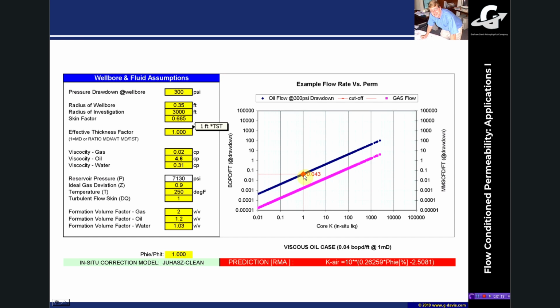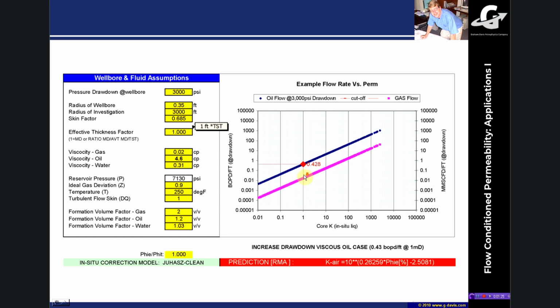So what can I do to mitigate that? I could put in a jet pump, increase the drawdown certainly, and then I can get back to my half a barrel of oil a day with this higher viscosity. So that sort of hints at the impact of drawdown, so your cutoff may be production mechanism dependent.